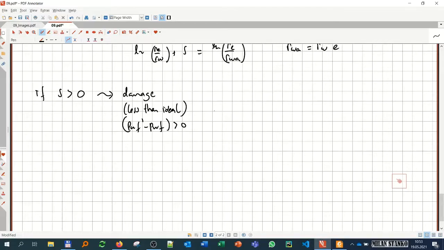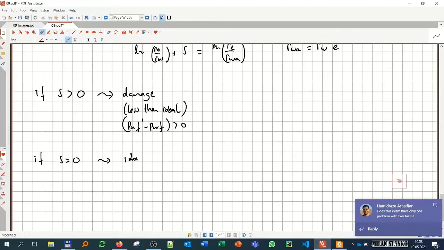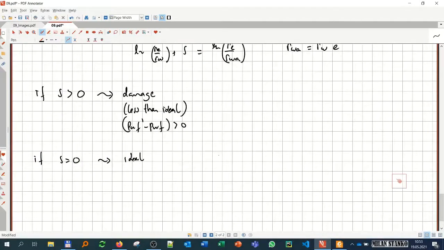Then if S is equal to 0, this is ideal, simply ideal flow.